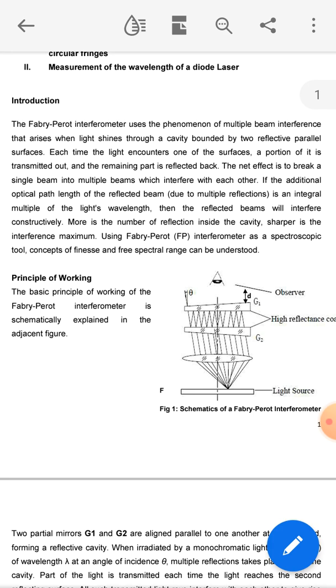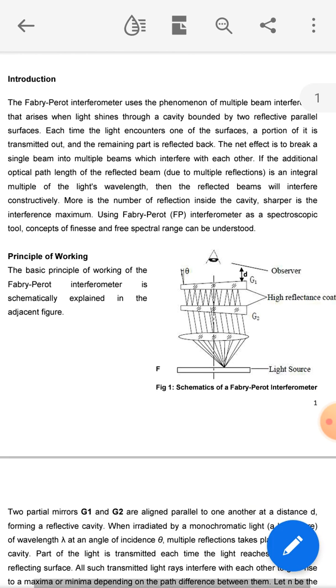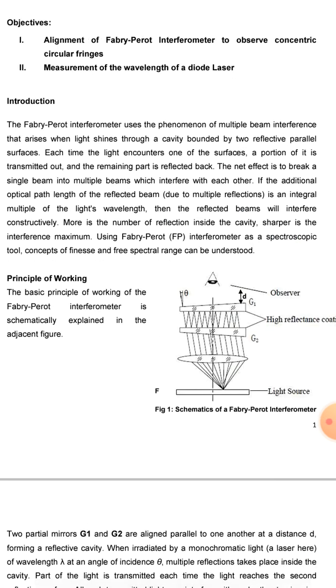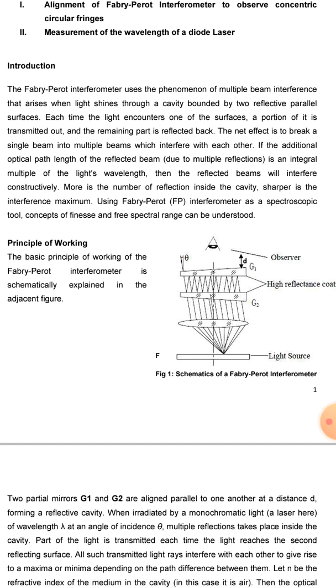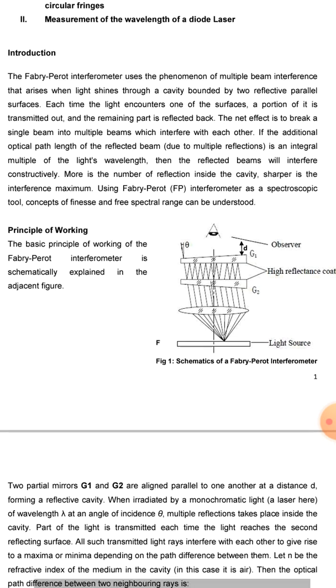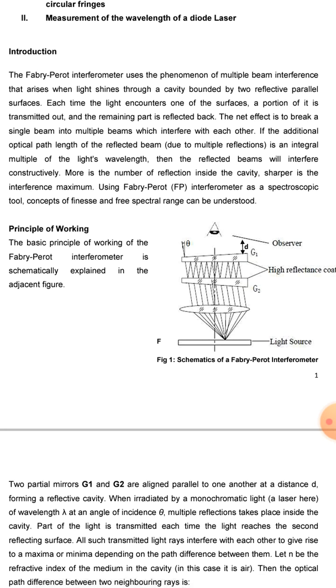The Fabry-Perot interferometer uses the phenomenon of multiple beam interference that arises when light shines through a cavity bounded by two reflective parallel surfaces. Each time the light encounters one of the surfaces, a part of it is transmitted out and the remaining part is reflected back. The net effect is to break a single beam into multiple beams which interfere with each other.